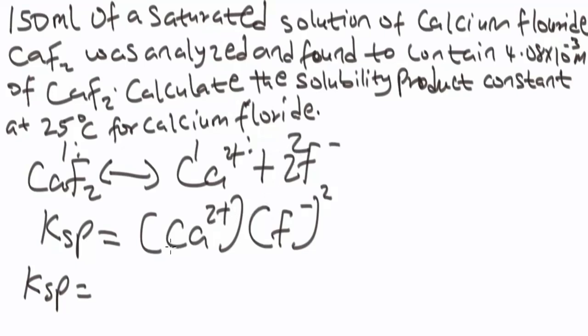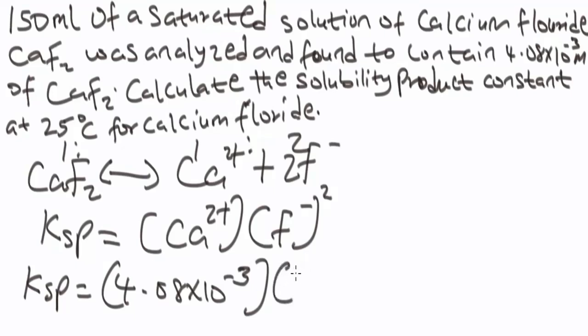When you input the values, the molar concentration of calcium ion from the equation is 4.08 times 10 to the power minus 3. For fluoride ion, because the mole ratio is 2, you multiply by 2. If the mole ratio of calcium were also 2, we would have multiplied its molar concentration by 2 as well.